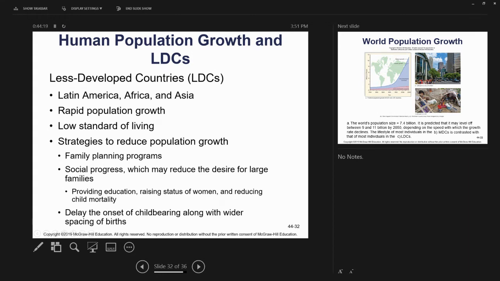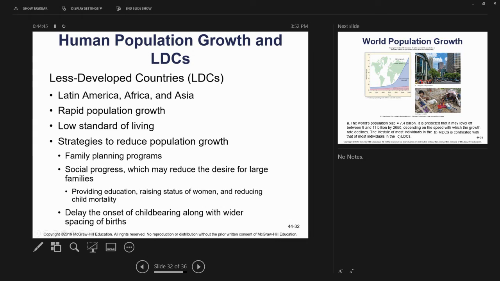Social progress has a lot of different aspects to it, but two of the biggest are education and more opportunities for women. So education, as people become more educated, they tend to want more out of life and expect more and to have more things, and they tend to delay the onset of reproduction.